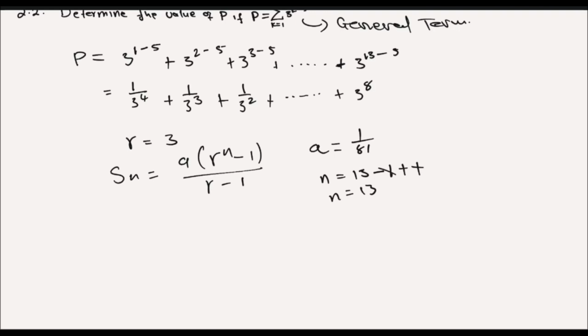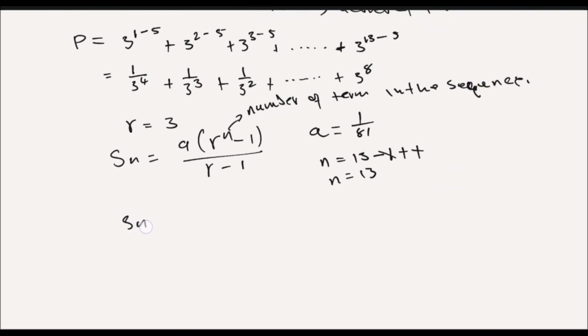We can plug it over there. So this right here is the number of terms in the sequence, right? Okay, let's plug in now. Our Sn is equal to 1 over 81 times r. What is r? r is equal to 3. And what is n? That's equal to 13, so 3 to the power 13 minus 1, all over 3 minus 1.